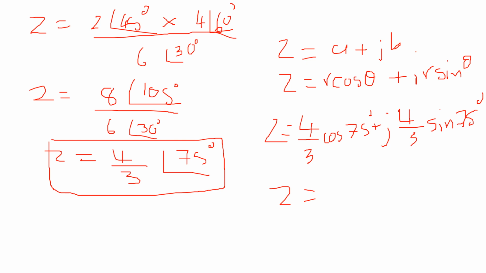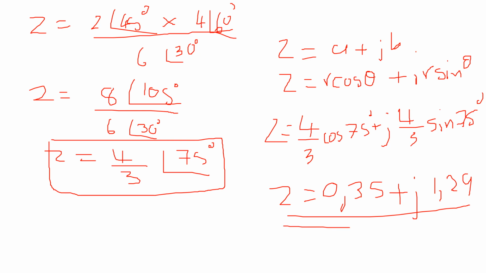Make sure that if the angles are in degrees, your calculator is in degrees; if it's in radians, your calculator is in radians. The answer here is 0.35, and for sine the answer is plus J 1.29. So this will be the final answer.